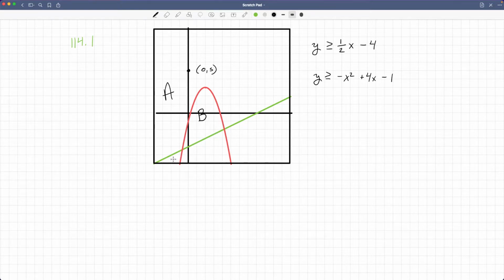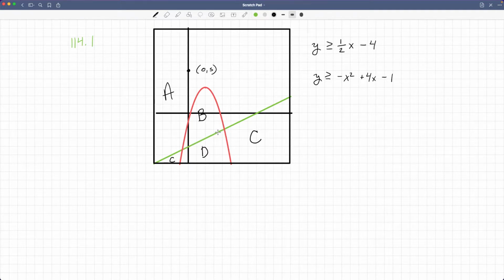Now this area here is section C, and that's going to be less than the green line, but greater than the parabola. Now this area over here is also included in C because it too is less than the green line, but greater than the parabola. And then we have section D, which is less than both.